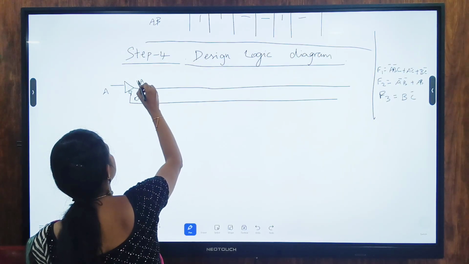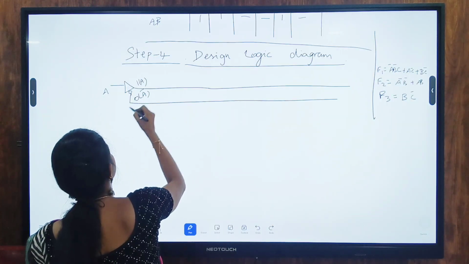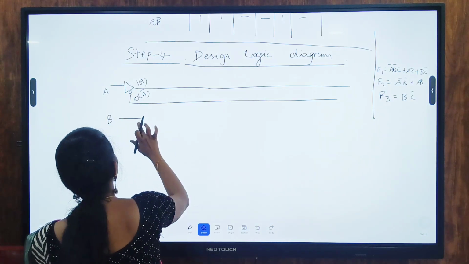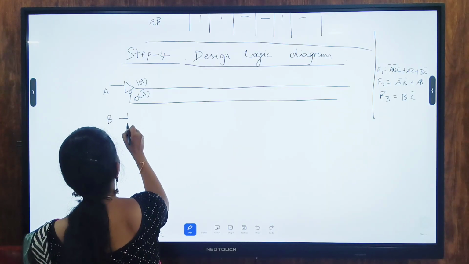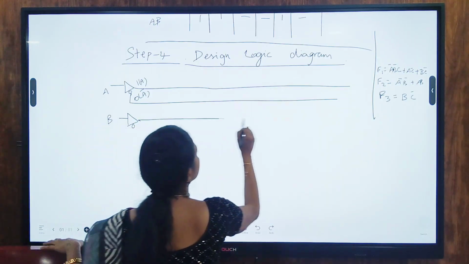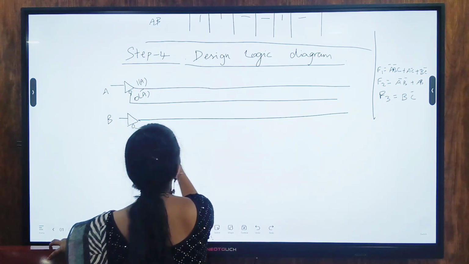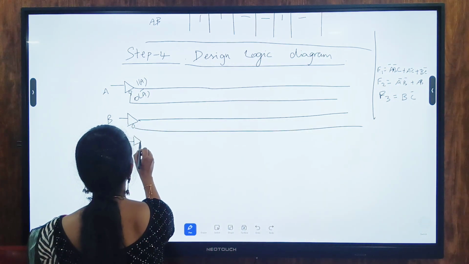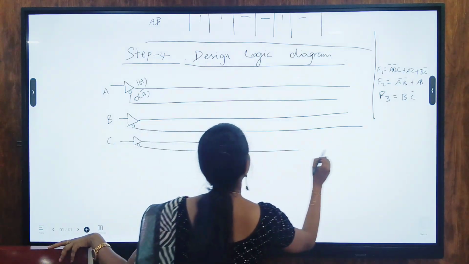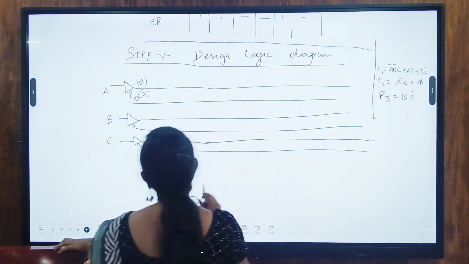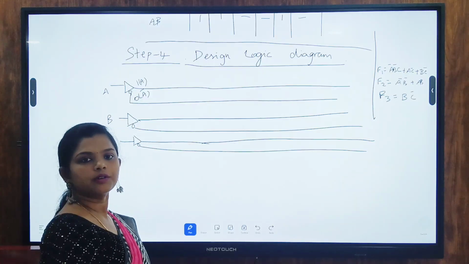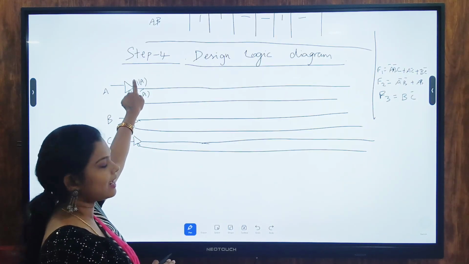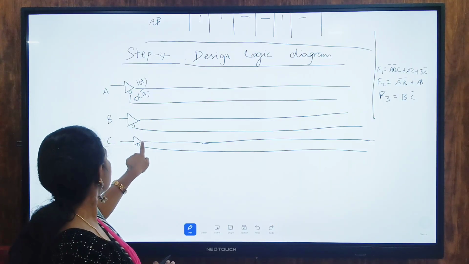That is, this is A and this is A bar, and likewise for B. So here there are three variables A, B, C. This is 1, 0. That is A, A bar; B, B bar; C, C bar.